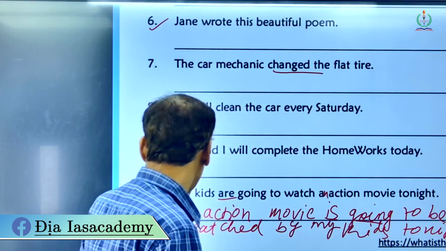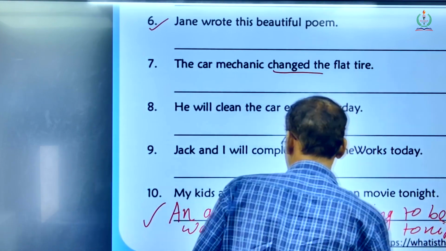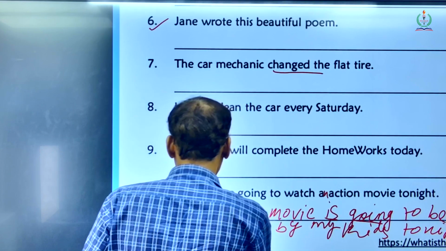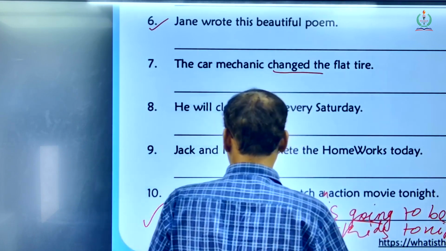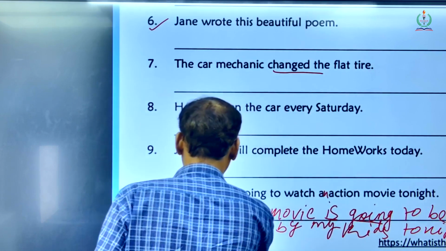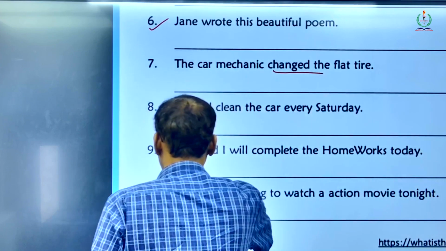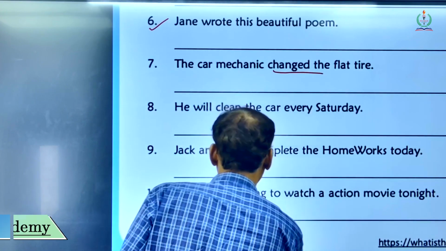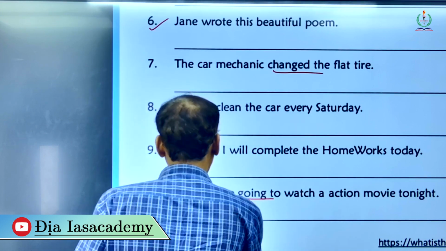Now when we look into this, an action movie is going to be watched, I have written. Here it's mentioned my kids are going to watch an action movie tonight. First of all, we have to identify the verb. Are going, this is the future indefinite form of verb, and my kids is the subject.